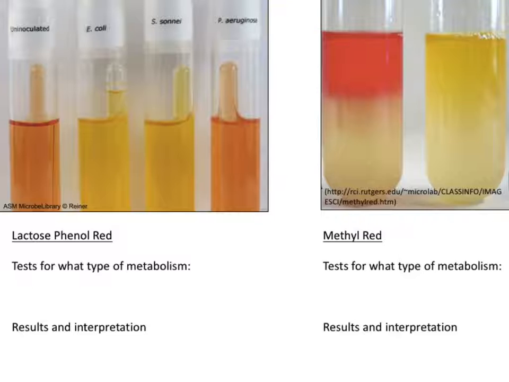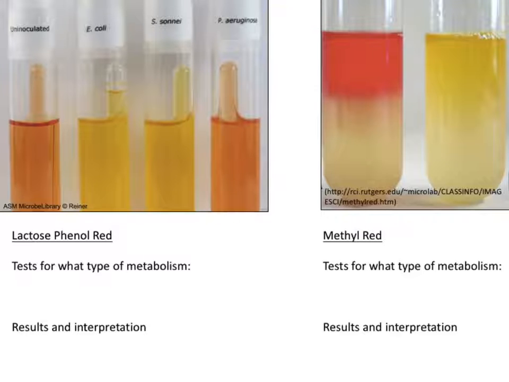We can't say with certainty, though, that Shigella is a heterofermenter of lactose because it may be that the acids it's producing are different types of acids. It could be producing lactic acid and acetic acid, or lactic acid and succinic acid at the exact same time. We just don't know unless we were to test further.